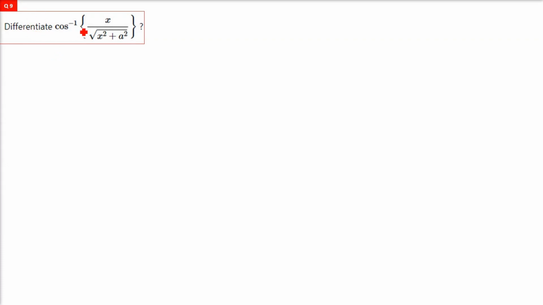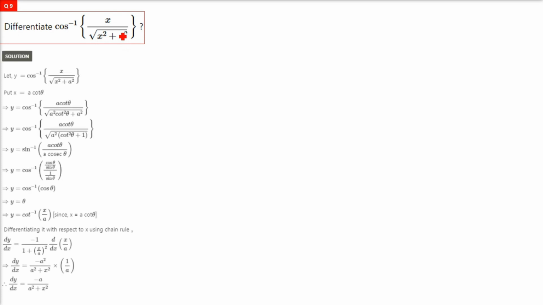Differentiate cos inverse of x by under root x square plus a square. So x square plus a square, wherever it is, we have seen so many questions. We have already placed x as a tan theta and a cot theta, like that. Here, because we need cos inverse, we need something so that we can cancel it out with cos inverse. So we are putting x as a cot theta.